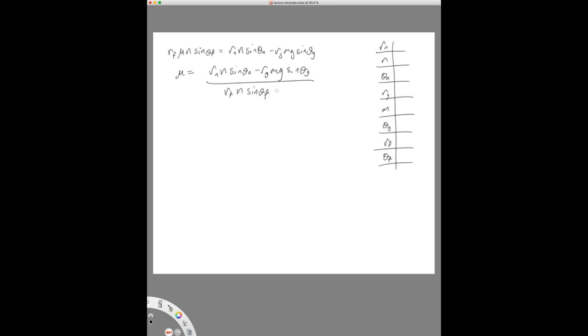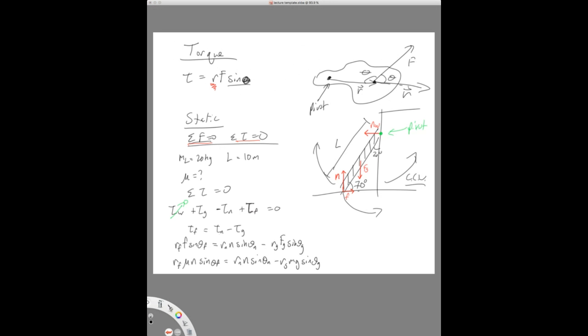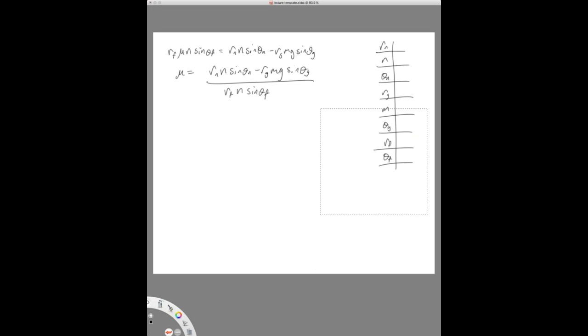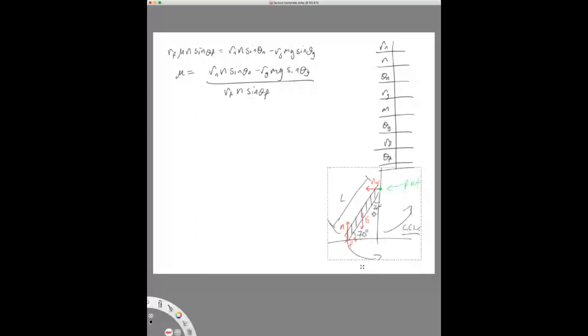And now we want to go through our picture. We reproduce our picture on the same page. Okay, that should be good enough for me to measure stuff.